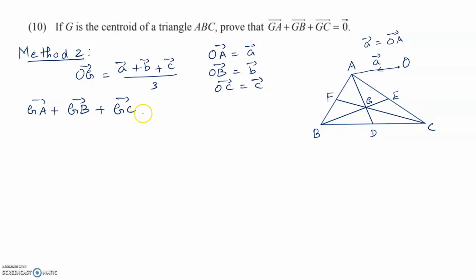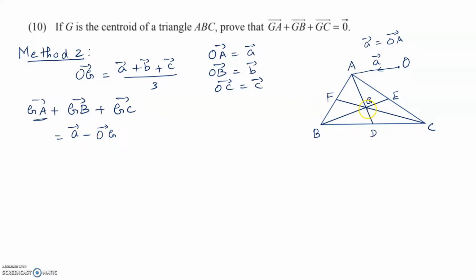Okay. Now, we can define the vector GA as minus OG plus OA, or you can say A vector minus OG vector. So, our GA can be written as A vector minus OG vector.